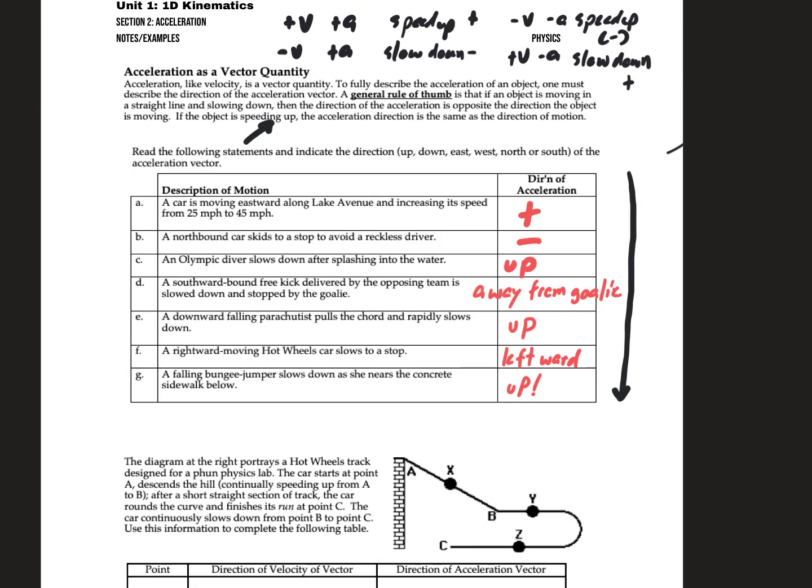If you take a look at these real quick, I have a positive, negative, up, away from goalie, up, leftward, and up for the bungee jumper. Make sure you understand which direction those are and how those work.